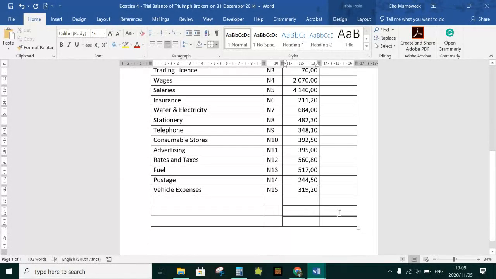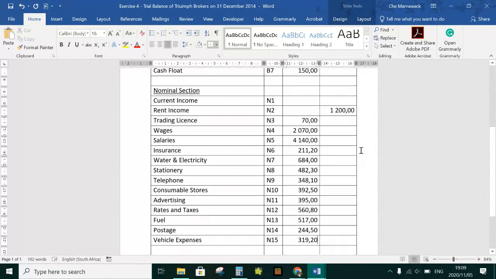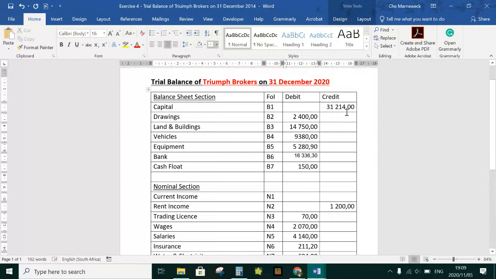Okay, last step. We need to add up the total of the debit column. The total of the debit column is the total of the credit column. We then take the total, subtract our credit amounts, and that'll give us the amount missing for current income.